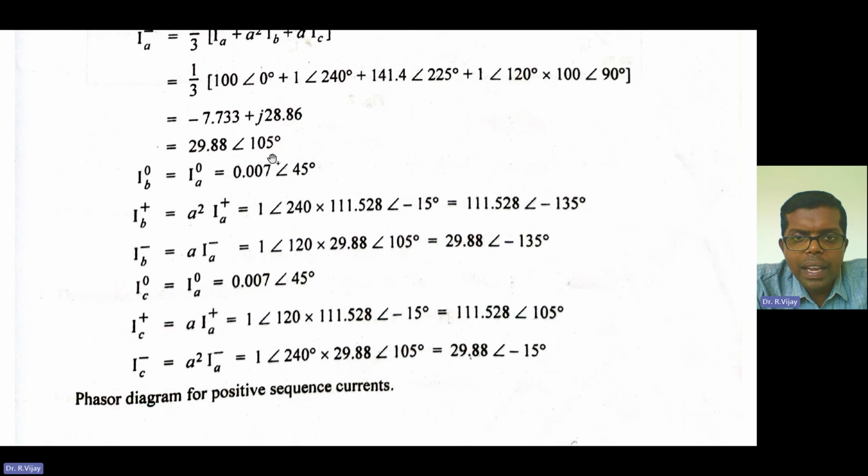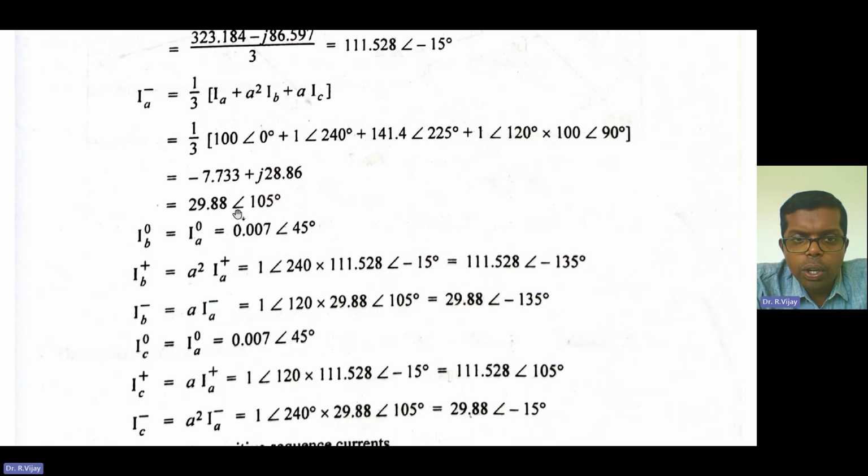So while doing the problem, you can easily verify whether we are getting the right answer or wrong answer. If you are doing the calculation correctly with a scientific calculator with no round off, whatever values come here, automatically it will give the exact value 29.88.